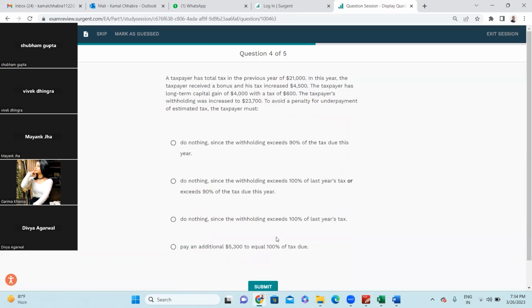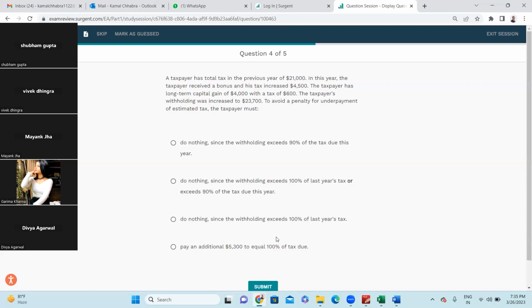A taxpayer has total tax in the previous year of $21,000. In this year, the taxpayer received a bonus and his tax increased by $4,500. The taxpayer has a long-term capital gain of $4,000 with the tax of $600. The taxpayer's withholding was increased to $23,700.